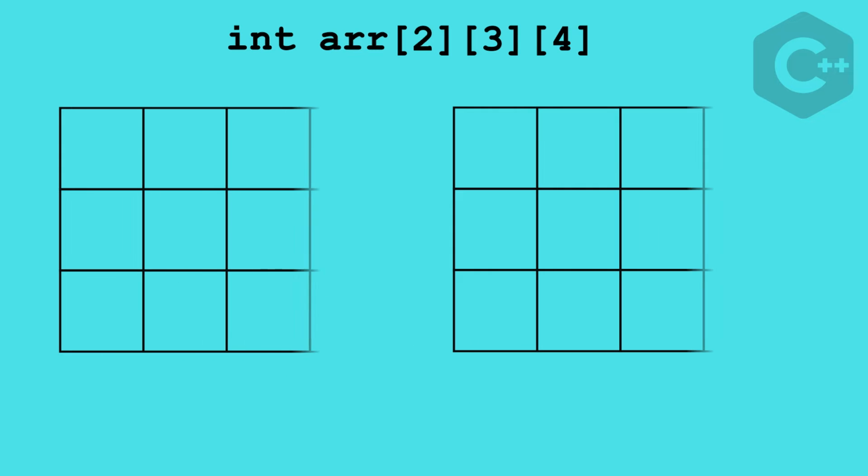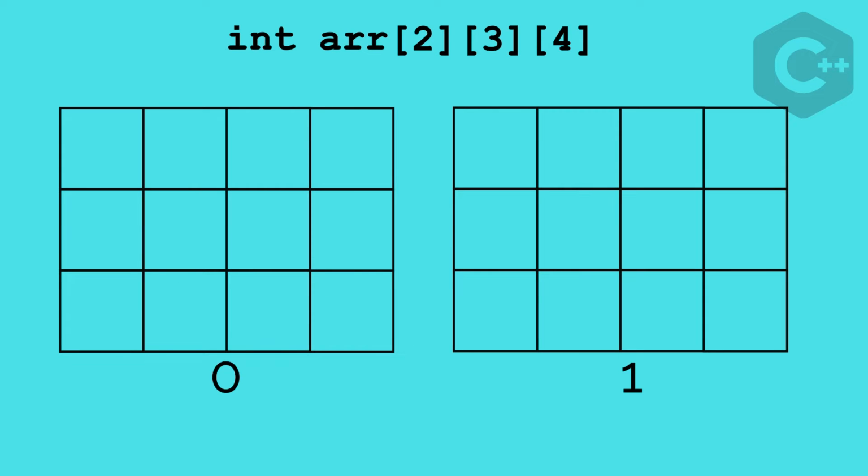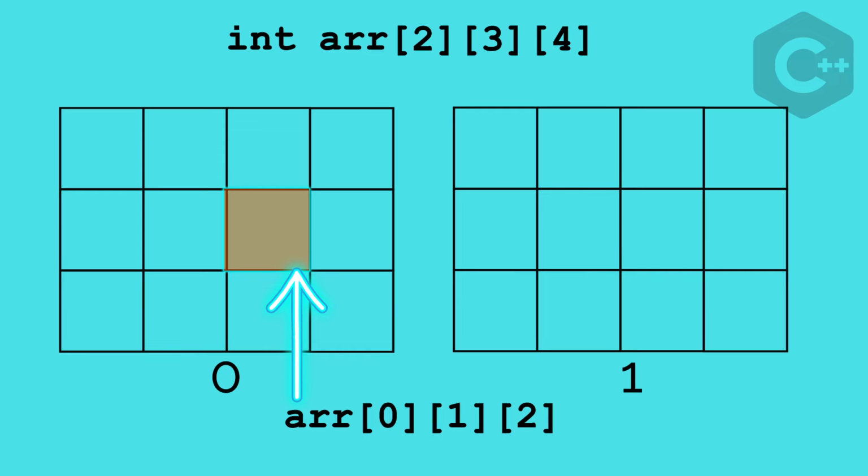If you visualize this, here 0 and 1 are two arrays each having 12 elements, that is 3 rows and 4 columns. If you want to access this particular element, you can say ARR of 0, 1, 2.